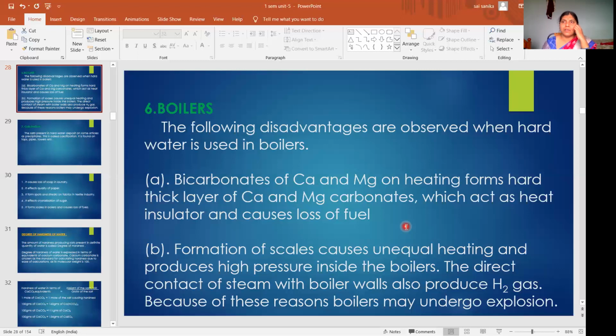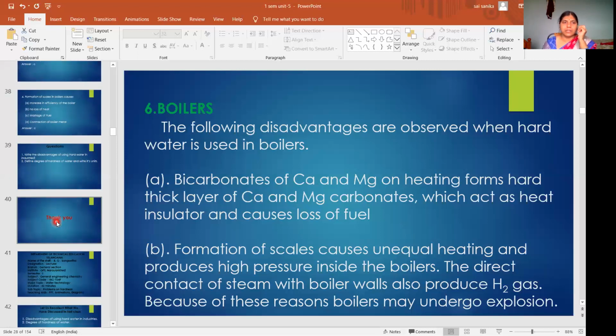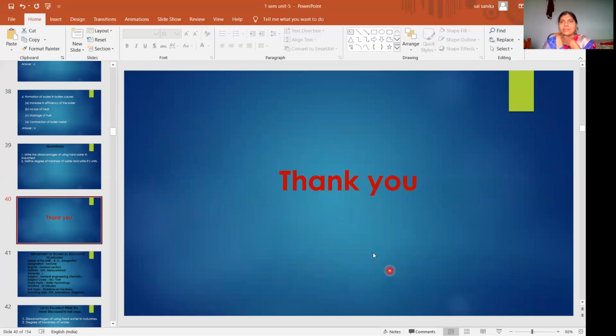Due to the formation of HCl, boilers will undergo corrosion. So that is the point. With this we finish disadvantages of using hard water in industries and degree of hardness of water. Thank you, students.